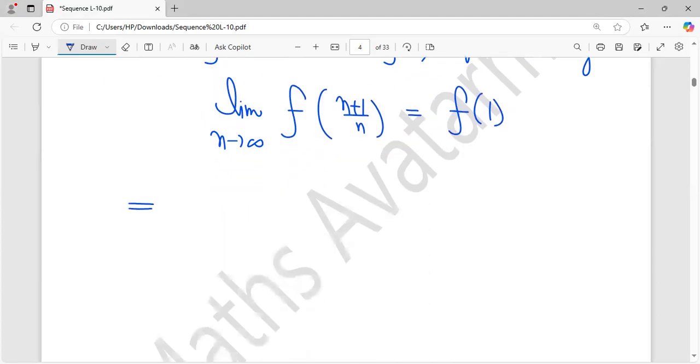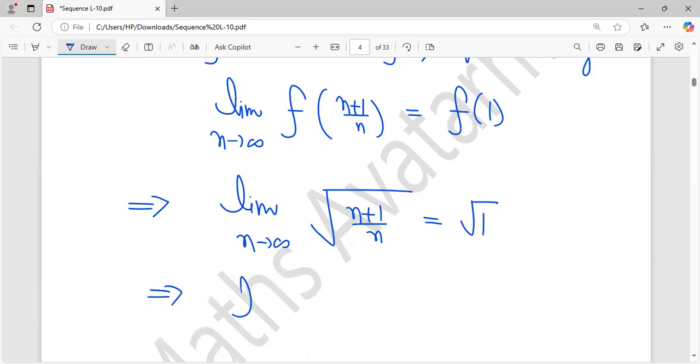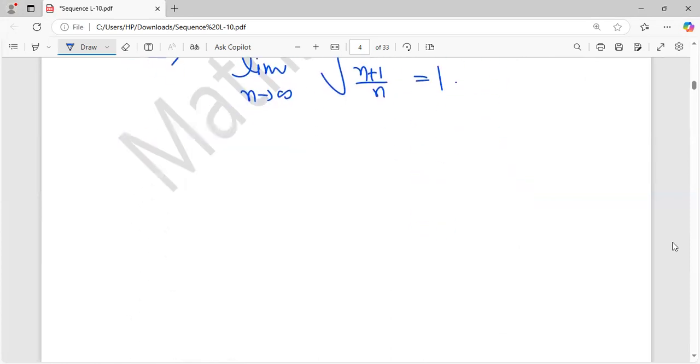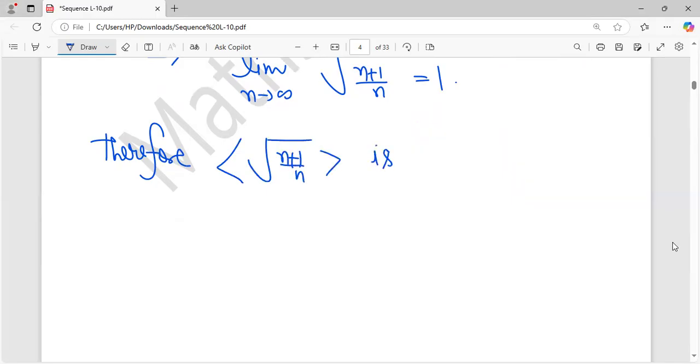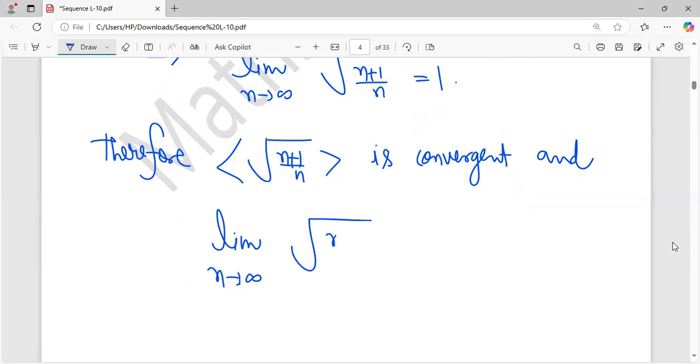It means that the limit as n tending to infinity of root of (n+1)/n, therefore, this sequence is convergent and the limit as n tending to infinity of this sequence is 1. So this is done.